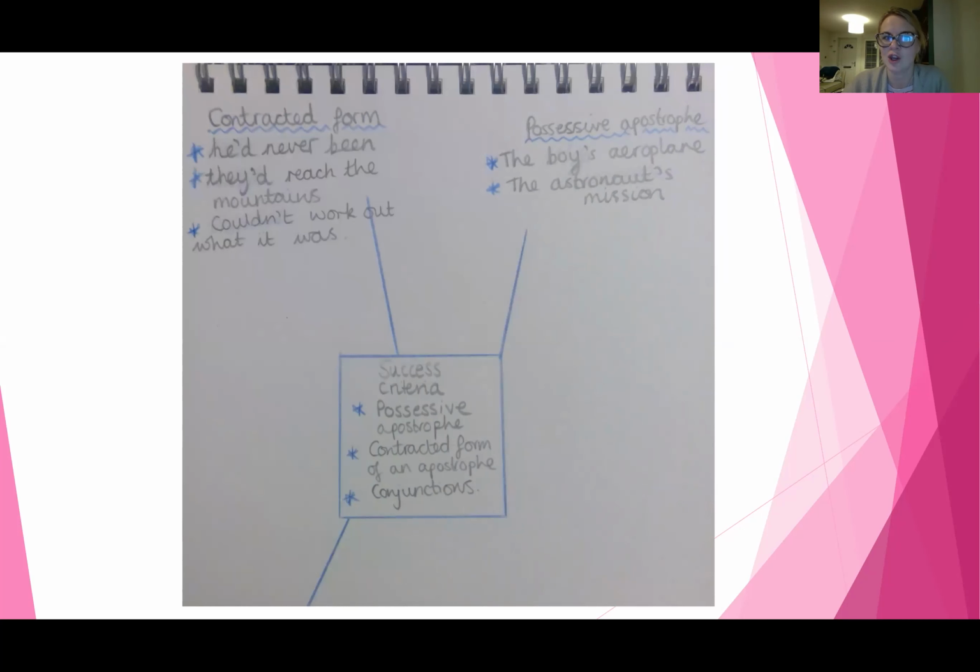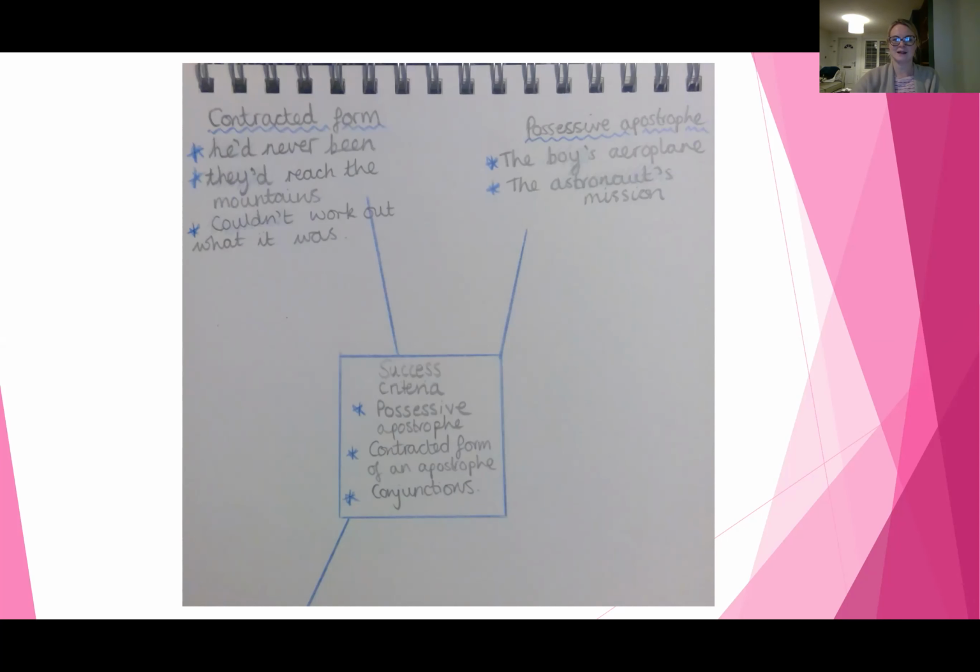And lastly, couldn't work out what it was, could and not, put them together to make couldn't. So there's my 3 examples that I have used in my writing. So now I'd like you to pause the video and read through your writing and write your examples down on your evidence map, please. Off you go.